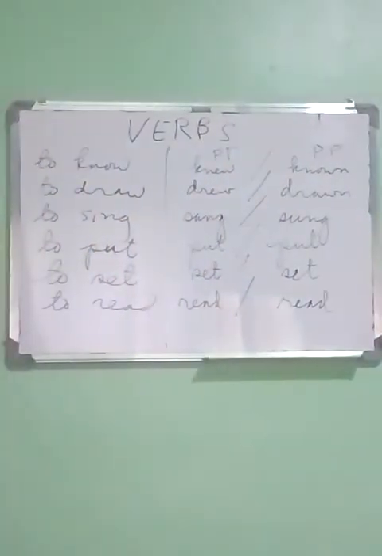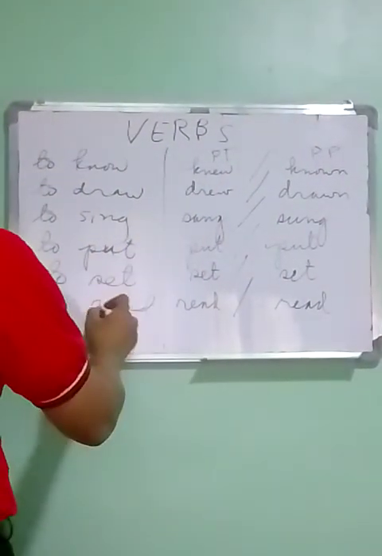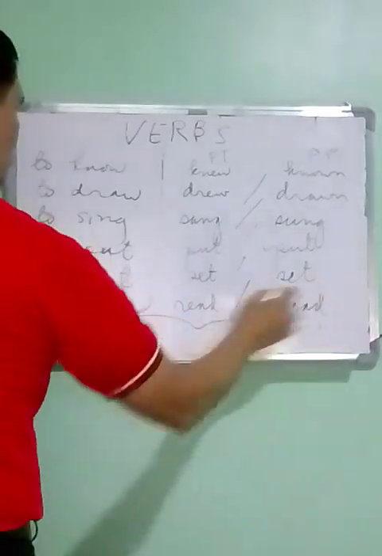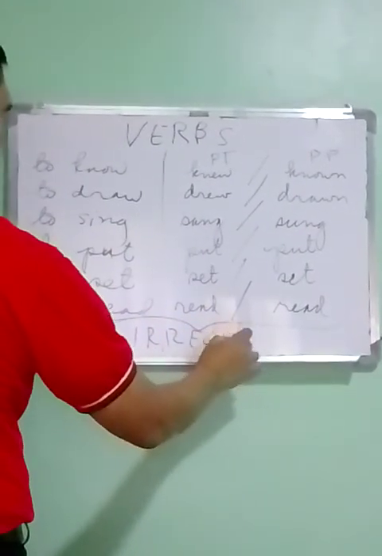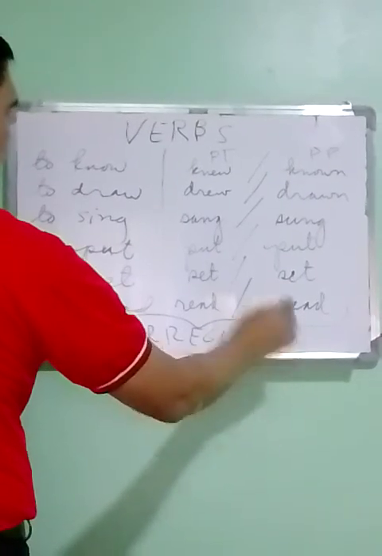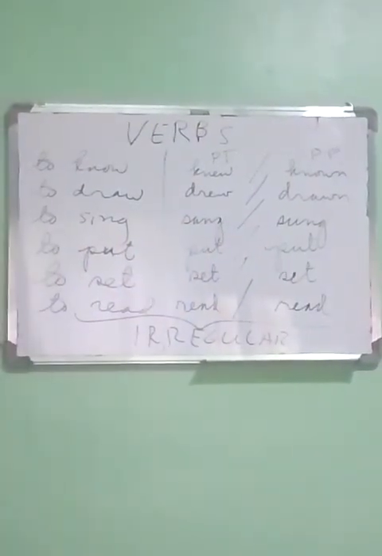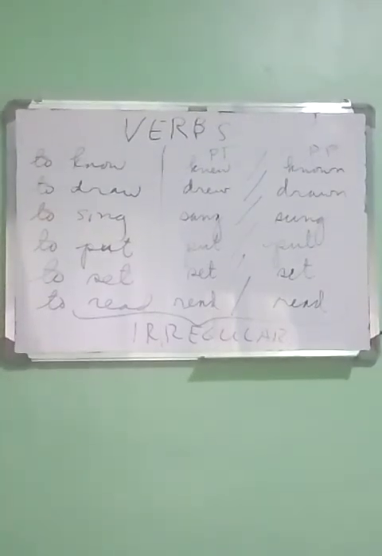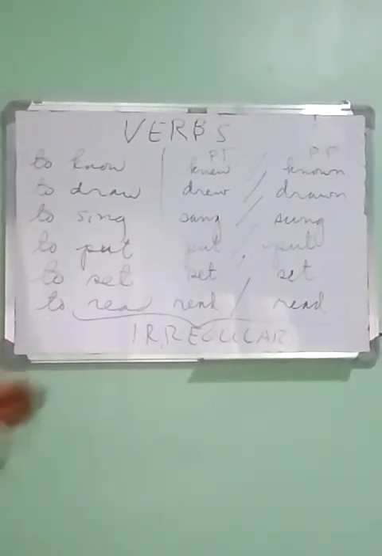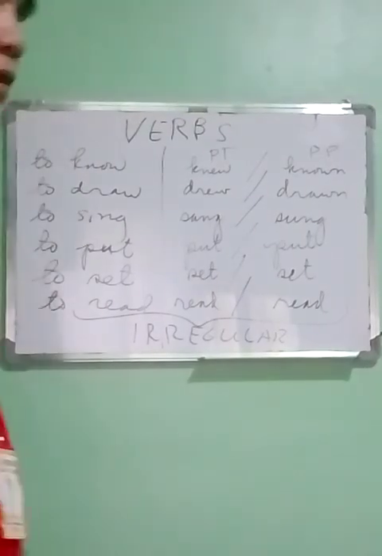Okay, so what do you observe for all these irregular verbs? They do not follow a typical pattern. Now, is there a technique? There is no technique. It's up to you to memorize the past tense and past participle of the different irregular verbs. Clear?